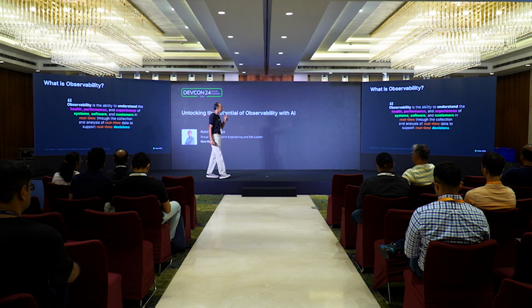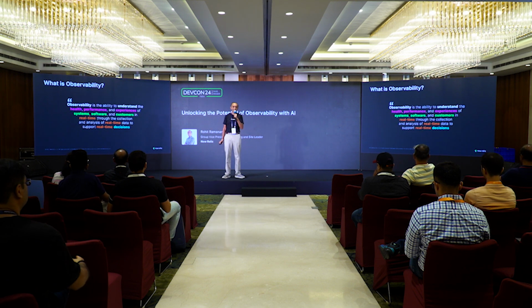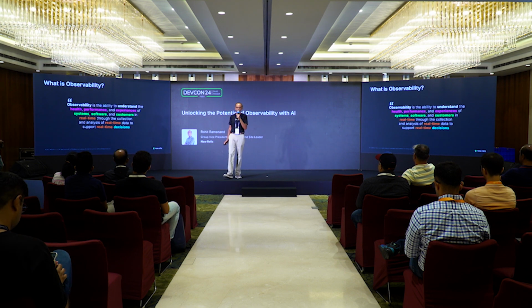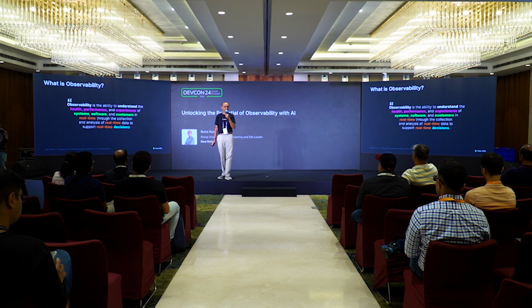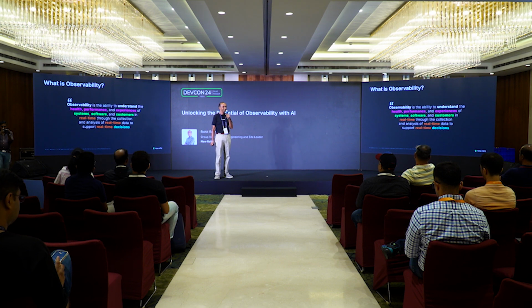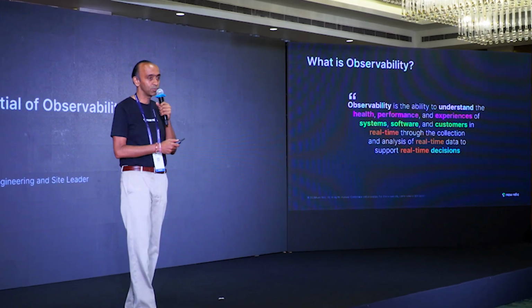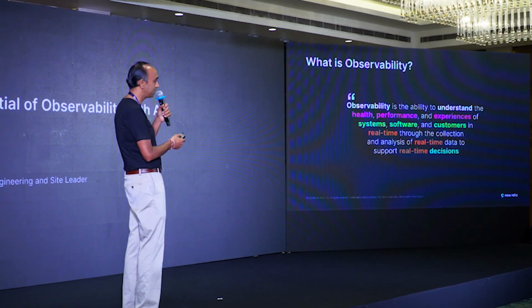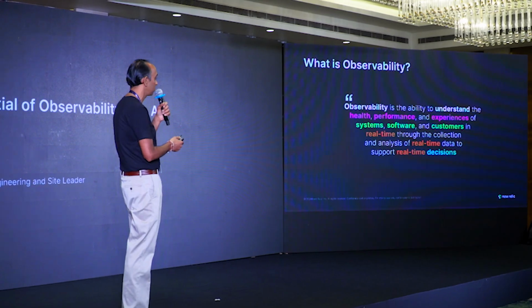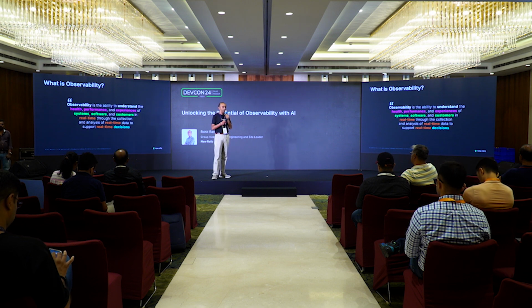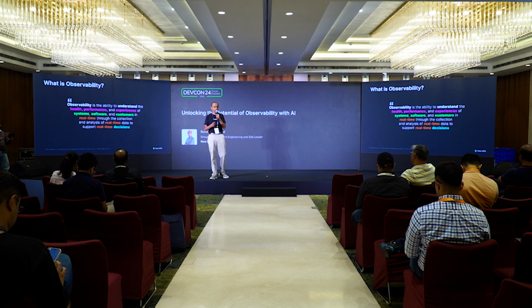And I usually put this definition up, and every time I put it up, I actually think of the definition of a motor in Three Idiots. If you have seen it, they look at it and say, okay, you can have all this complicated jargon. Is it really that complicated? But I think we've chosen the words to use here and highlighted them because it's very important that observability really helps us understand system health, application performance, and customer experience.